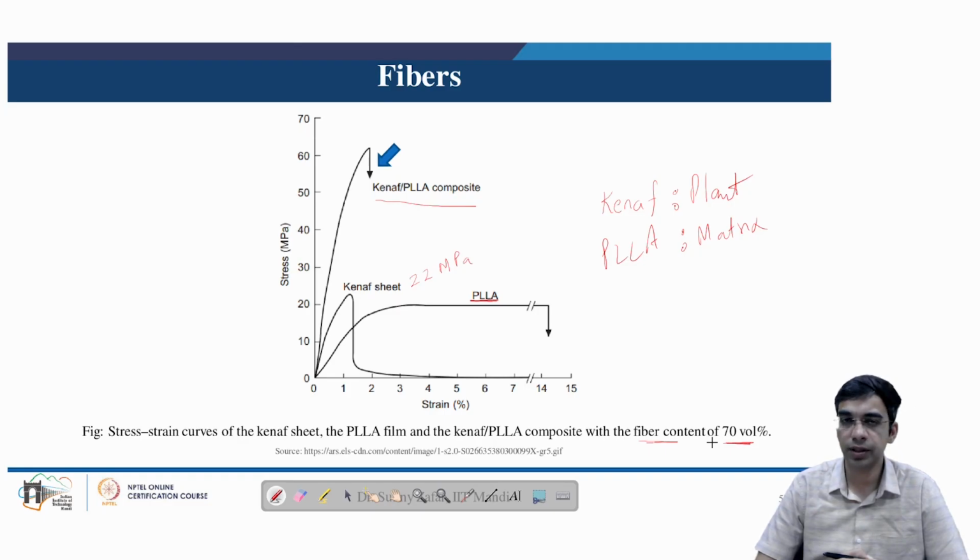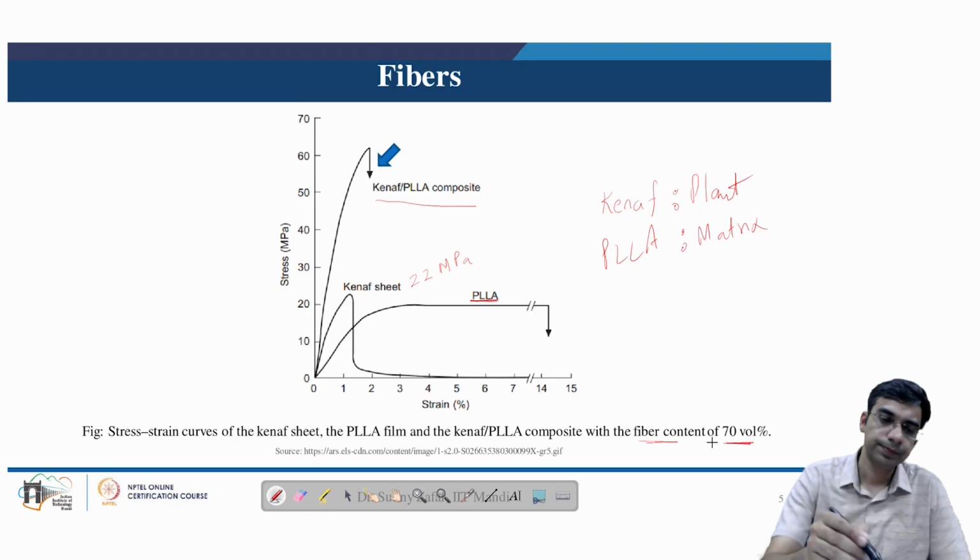This is almost threefold increase in the tensile strength, and this increase in the tensile strength is because of the unique properties that the composite material is able to offer.